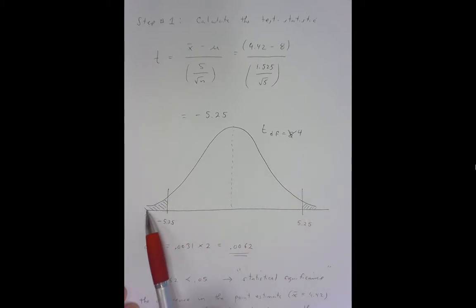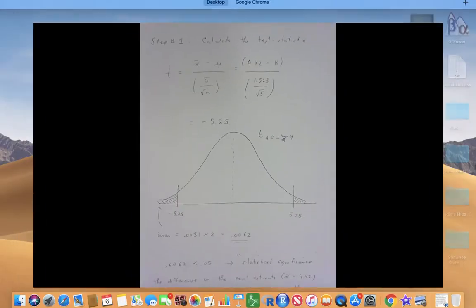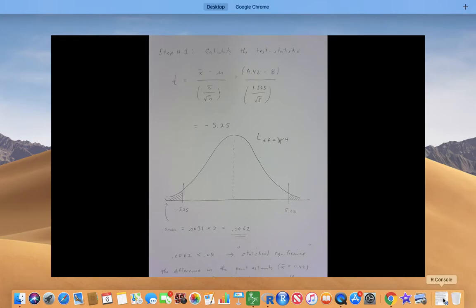So this area is as equally likely as this area. I'm going to focus on this area right here, and I'm going to show you how I come up with the 0.0031. I multiply it by 2 to account for this area up here. So my p-value is 0.0062.